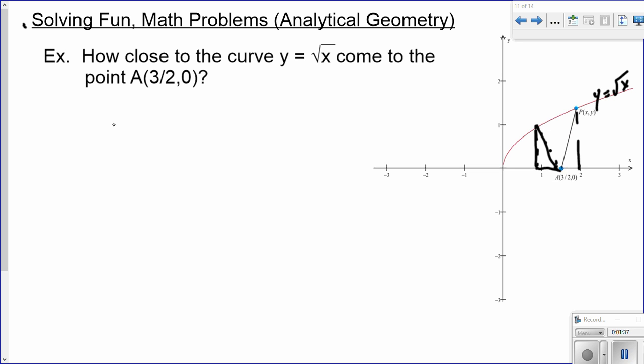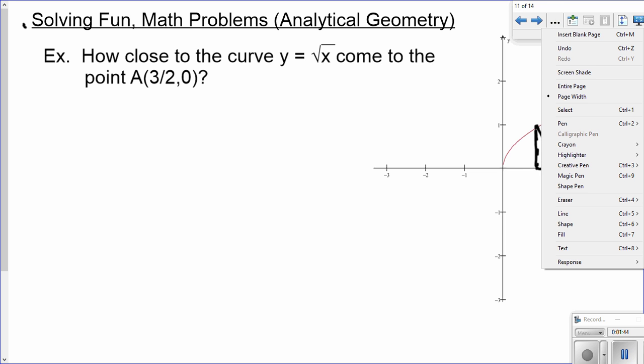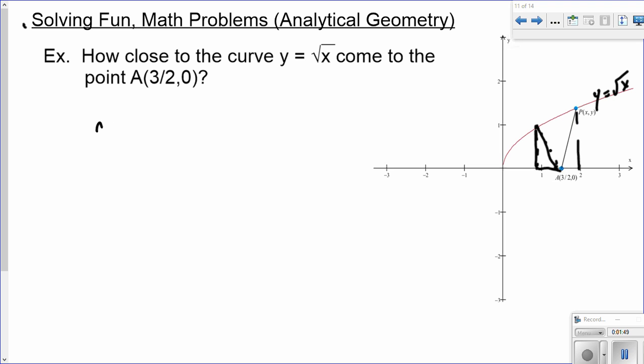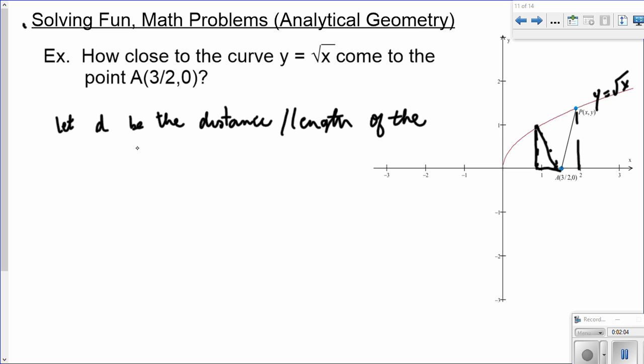I'm going to call this D, the distance or the length of the hypotenuse of a triangle.